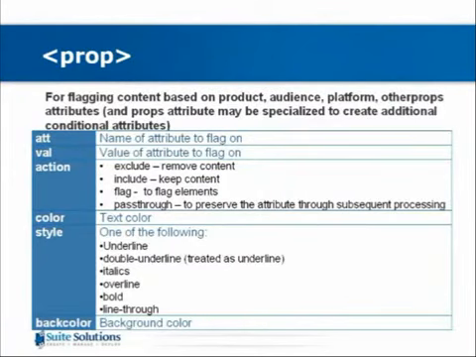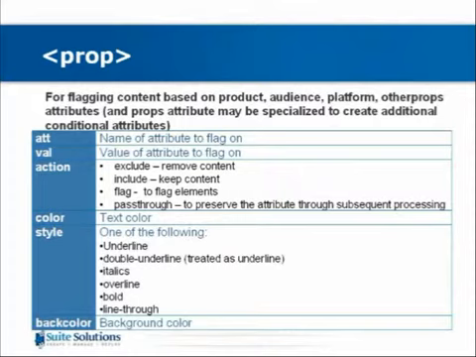The prop element in the DITAVAL file is flagging on a specific property, not revision. The revision is something separate, but this is for all the other ones. The att attribute is the name of the attribute you want to filter: product, audience, platform, other props, or any other specialized conditional attributes you may have.